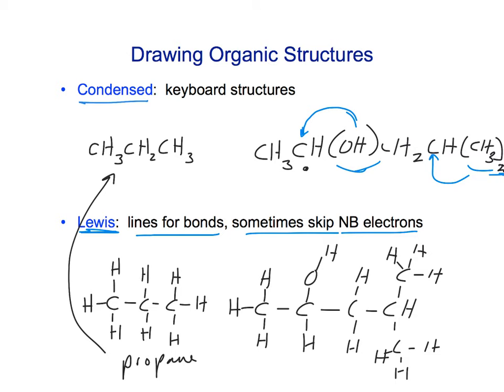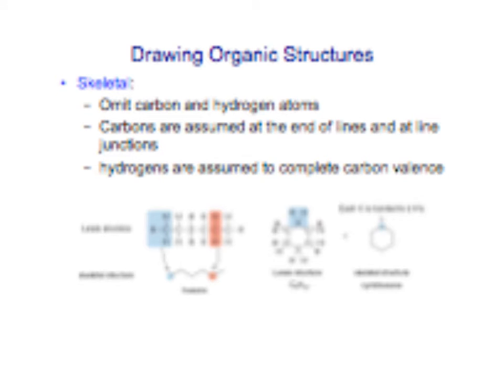Alright, and notice that this carbon right here has two CH3s just like this one did up here. Alright, so Lewis structures, we could draw more complicated structures, but it takes so long, right? We've got to draw out every bond. So that's really cumbersome.